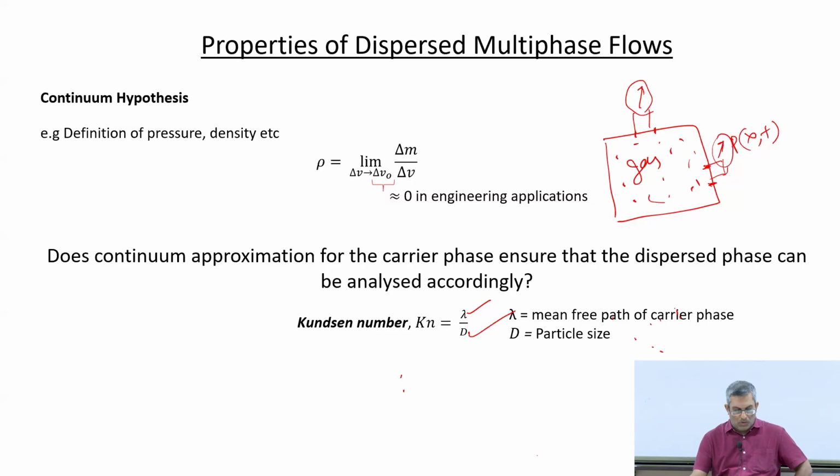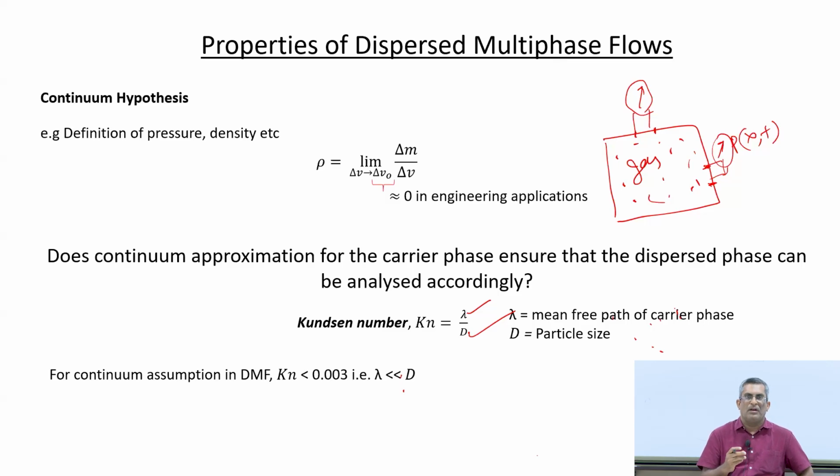So we consider that the continuum assumption is valid in dispersed multiphase flow if the Knudsen number is less than 0.003. So this means that the mean free path is much less than the particle size.